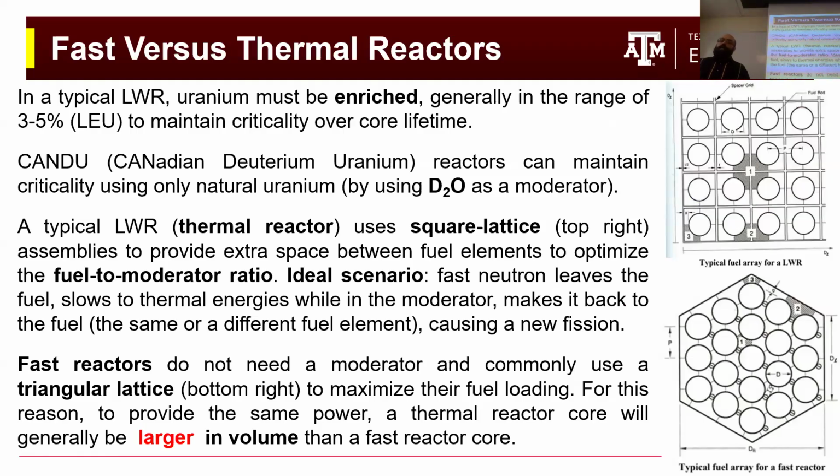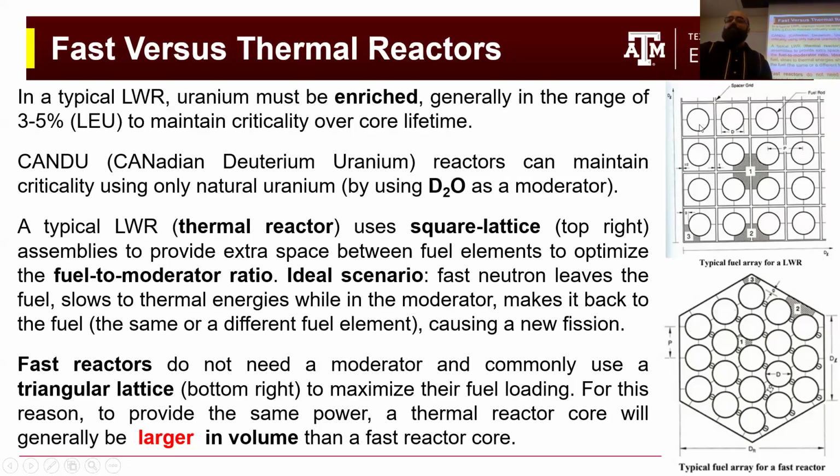Any thermal reactor, so this top right plot is showing the lattice of your fuel elements inside of an assembly for a light water reactor or a thermal reactor. The square lattice is chosen for thermal reactors because we need moderator to allow our neutrons to get to thermal energy.